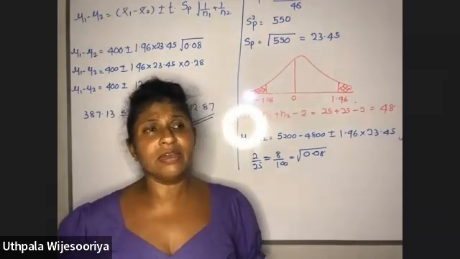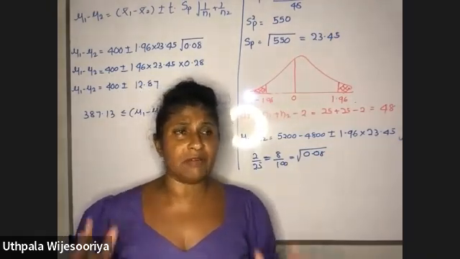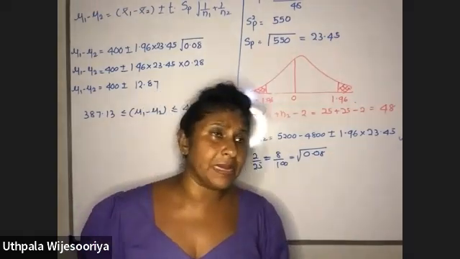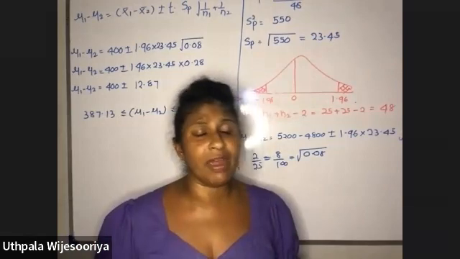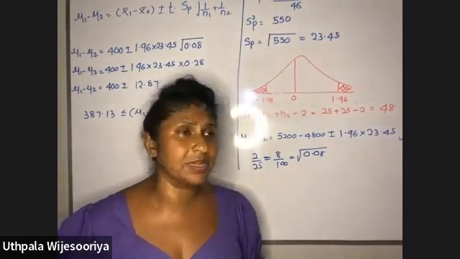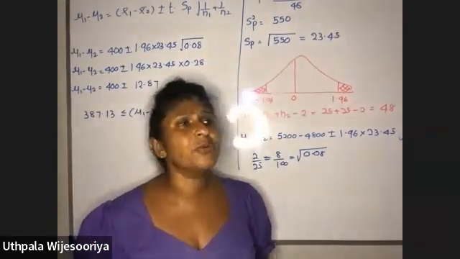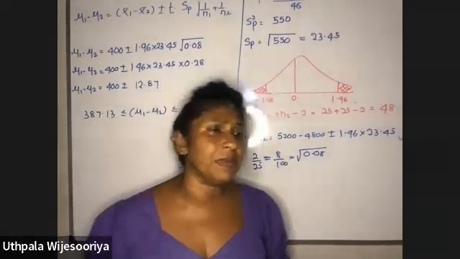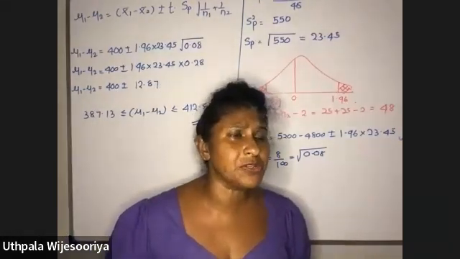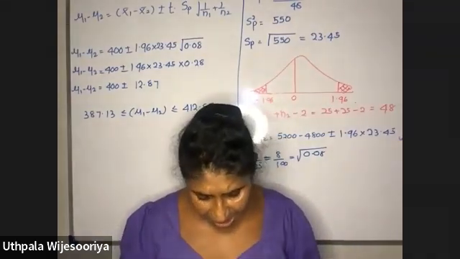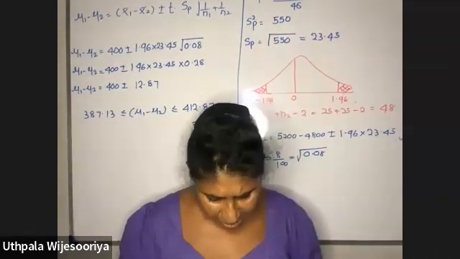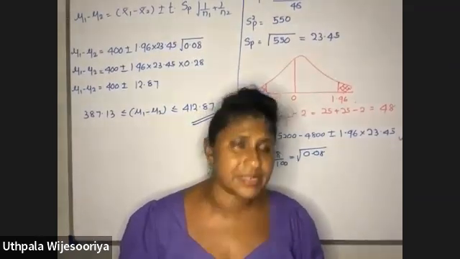Let's say the marks of students: if our sample mean is 55, the population mean may be 55. That's why taking a single value, considering the sample statistic as the estimate, is known as point estimation.